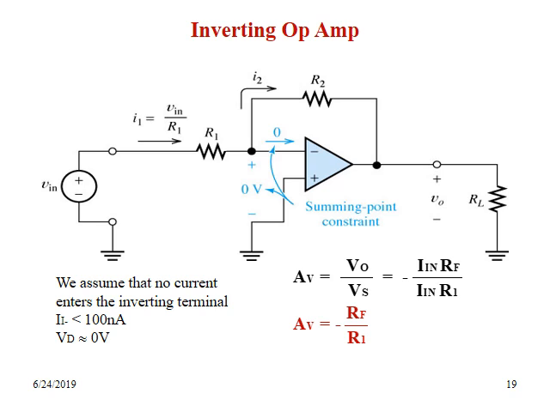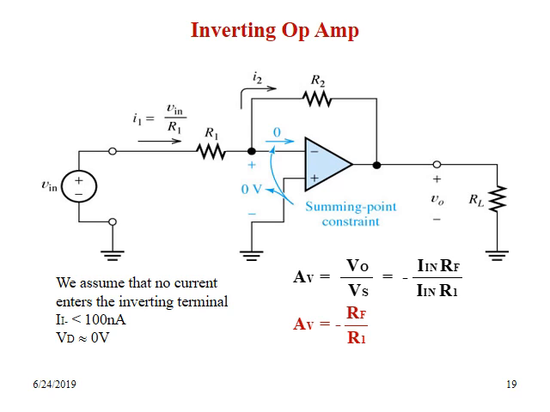While doing the analysis, we treat pin number 2 as being at virtual ground, so there is no current flowing inside the op-amp. After the analysis, the voltage gain of this circuit, V0 divided by Vs, where Vs is nothing but Vin, is AV equal to minus I in RF divided by I in R1, because the same current flows through R1 and R2.